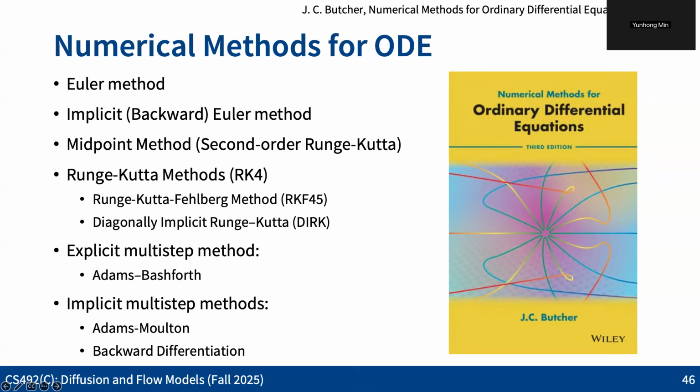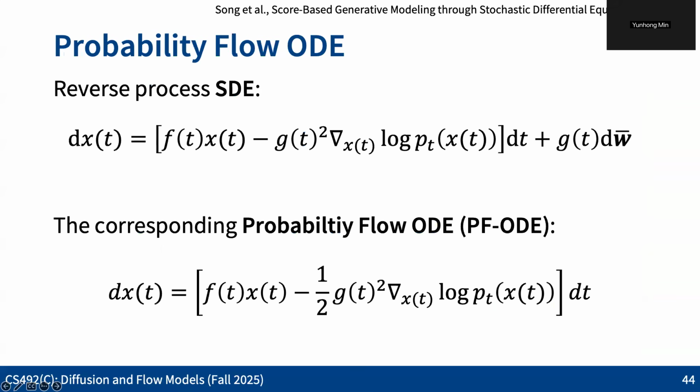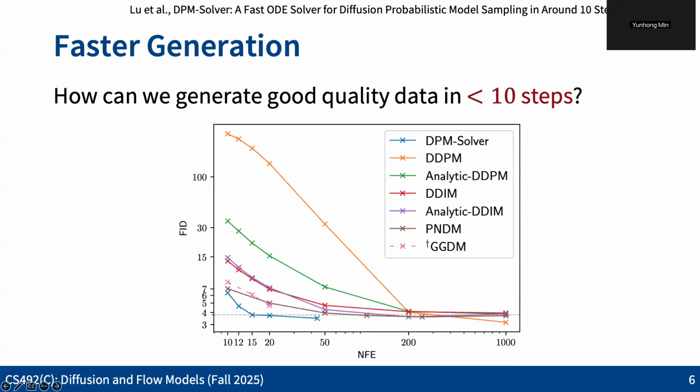So the good thing of having the corresponding ODE formulation is that once we have the reverse SDE and convert it into the corresponding probability flow ODE, the PFODE here, now we can use an ODE solver to perform the reverse process. So that's the key idea in terms of how we can achieve much faster speed. This is the first slide I've shown in today's lecture.